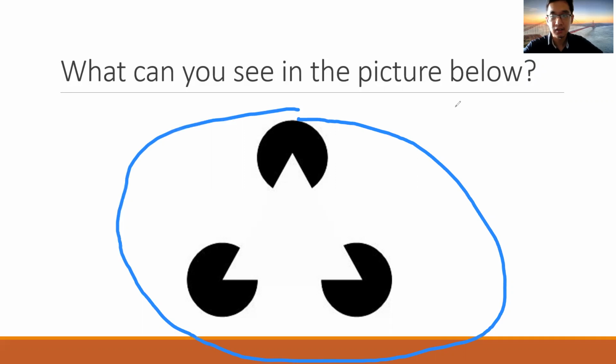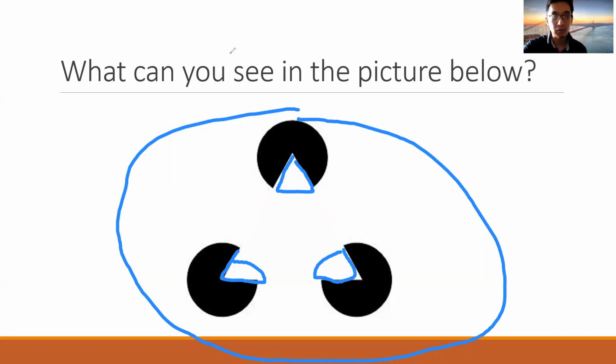What can you see? It's a white triangle above the three black circles. The three circles are not complete, right? Part of them is blocked by a white triangle. It seems like that.